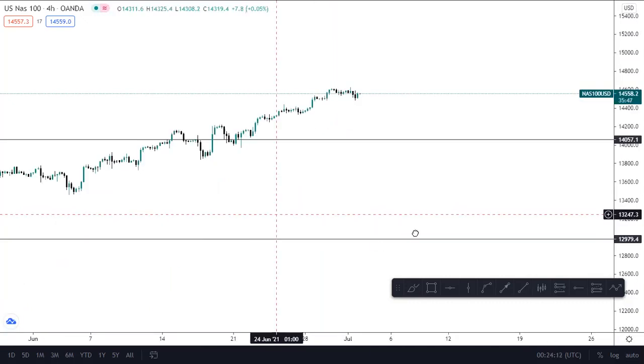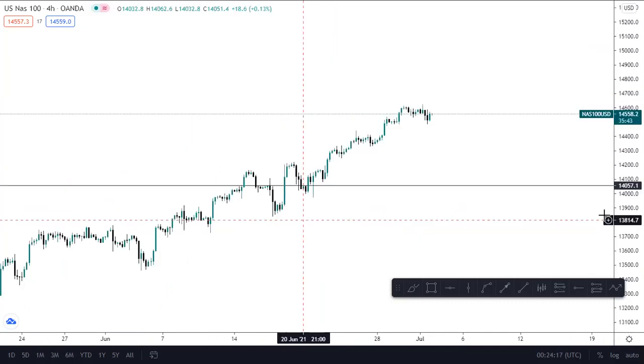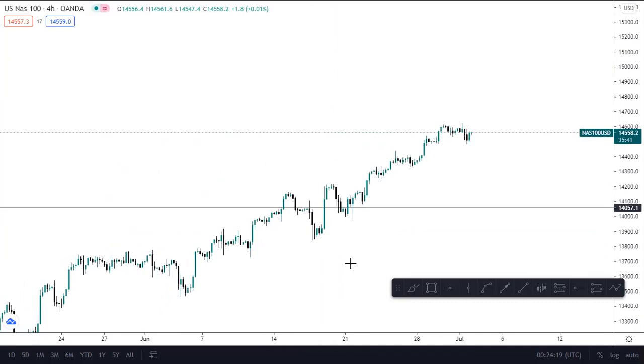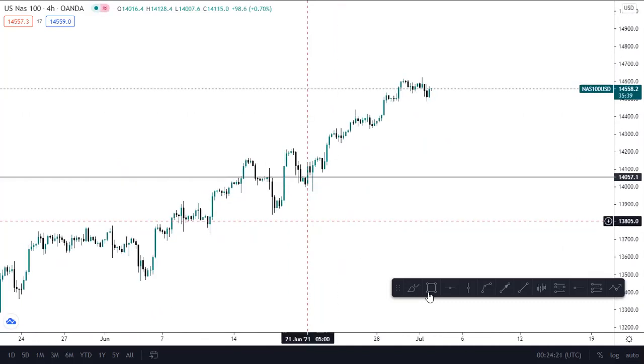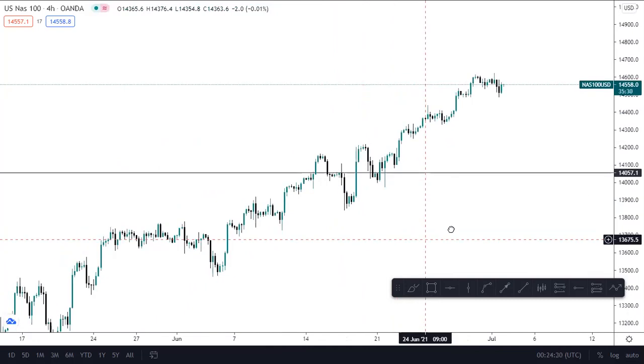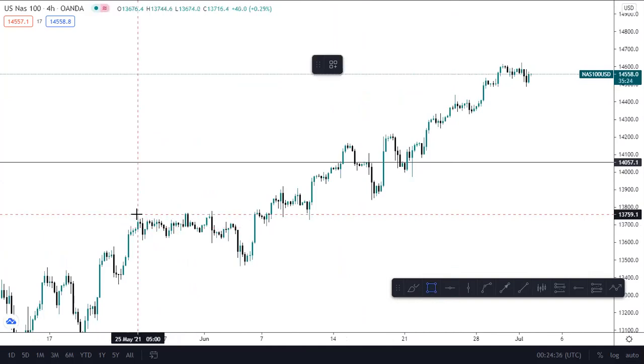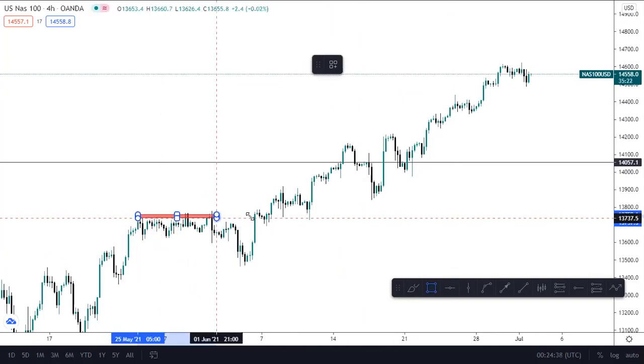When we come to the 4-hour chart, we need to start analyzing the channel. You can do that by using trend lines, break and retest, which is something that has been happening all throughout Nasdaq's history. I would like to start down here. We had a resistance level right there.